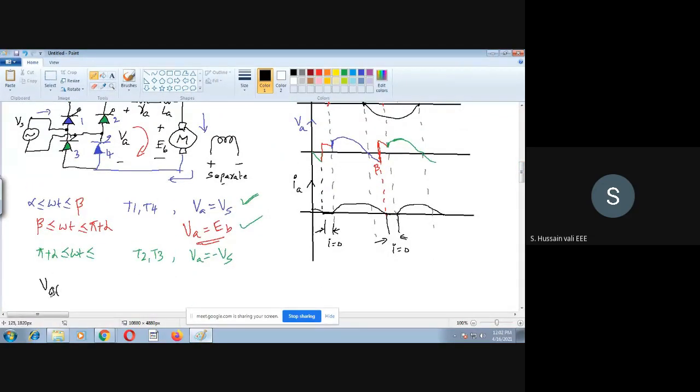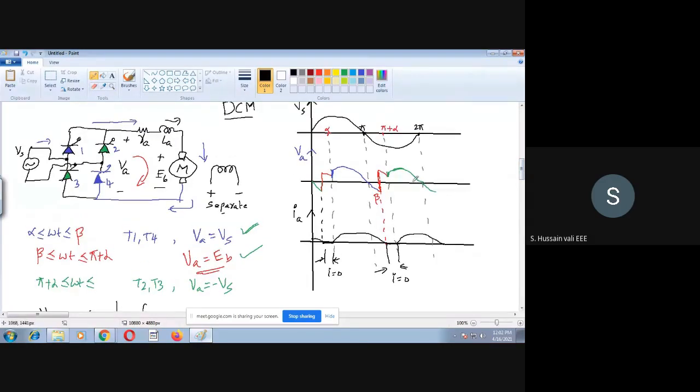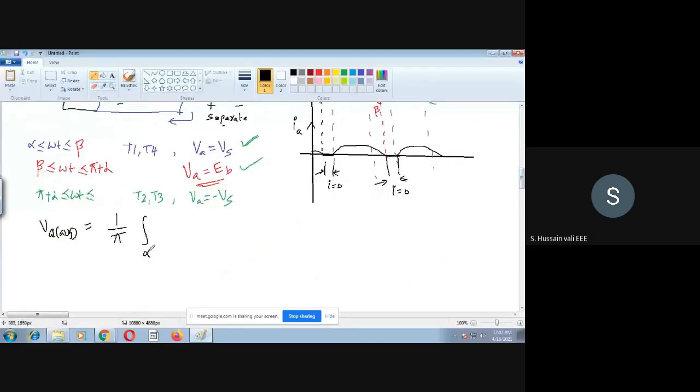VA average is equal to 1 by time period. The time period is pi. Integration, what is the duration we will take here? We will take alpha to pi plus alpha, because whatever you got from alpha to pi plus alpha is repeating. So the integral from alpha to pi plus alpha of VA of omega t, d of omega t.